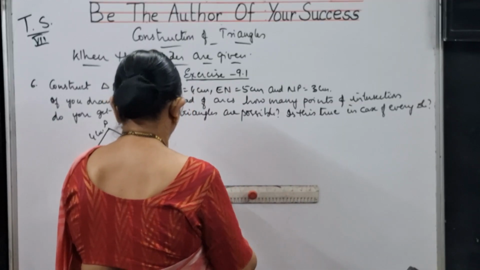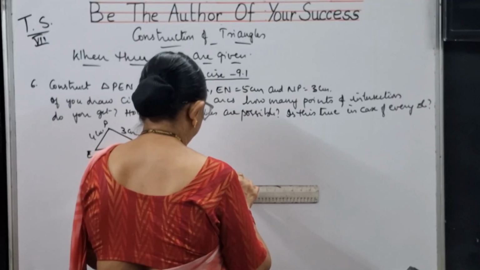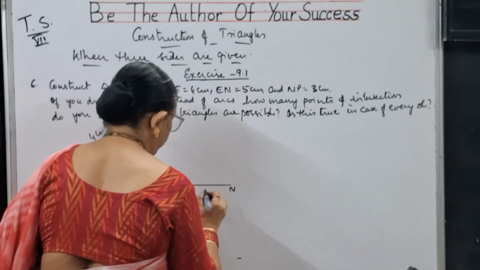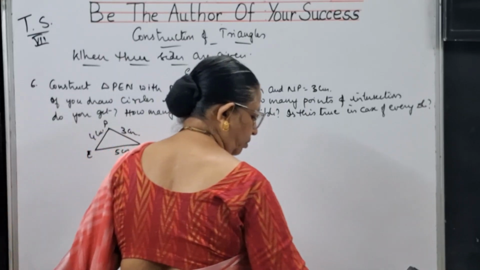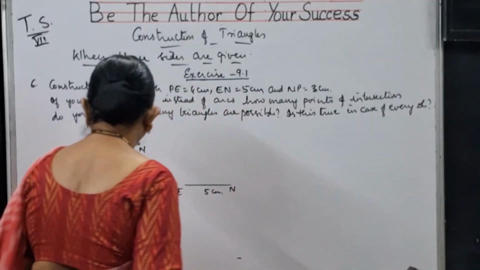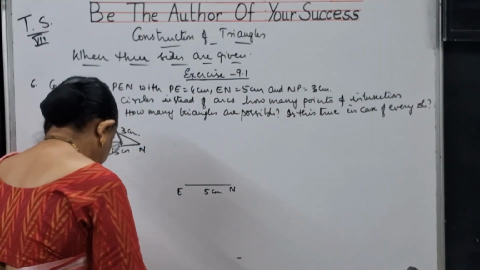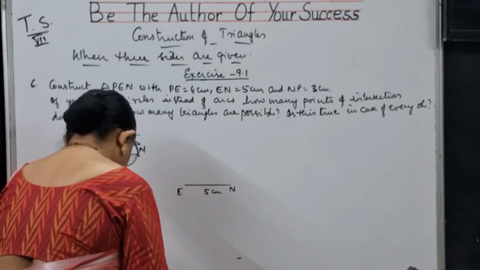So first I should draw EN 5 centimeters. This is EN 5 centimeters. Now, what should I do? I have to take 4 centimeters as radius, and I should draw a circle.